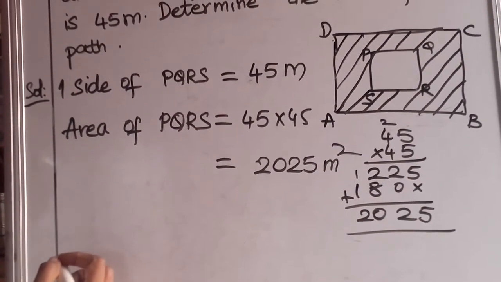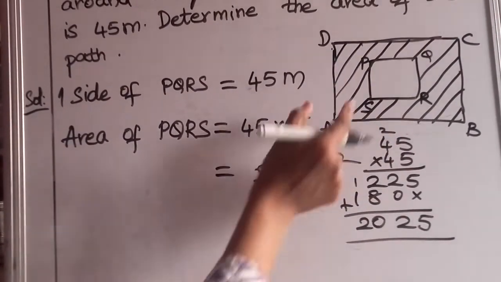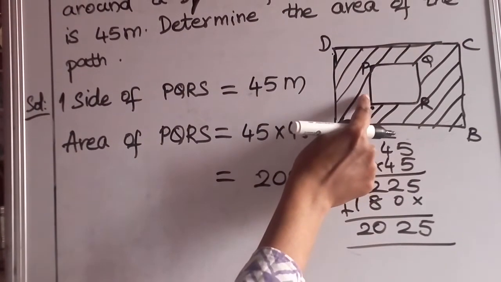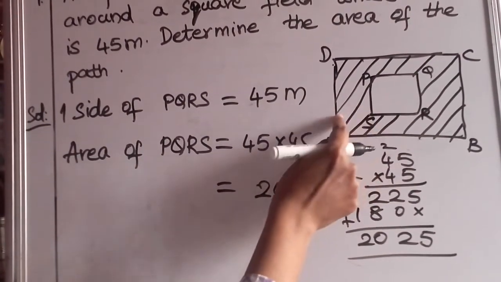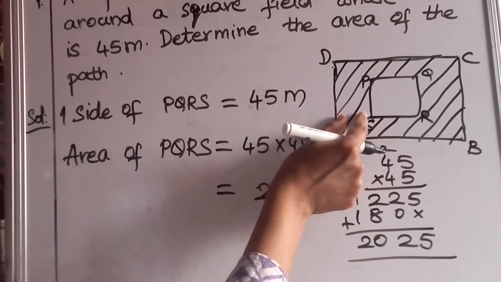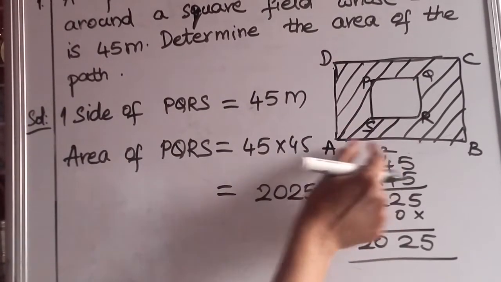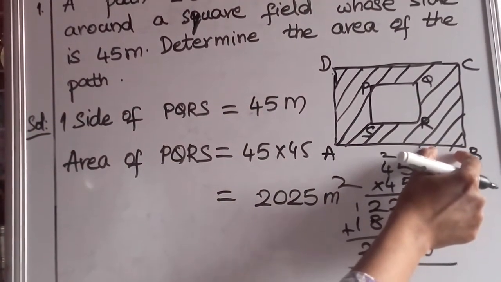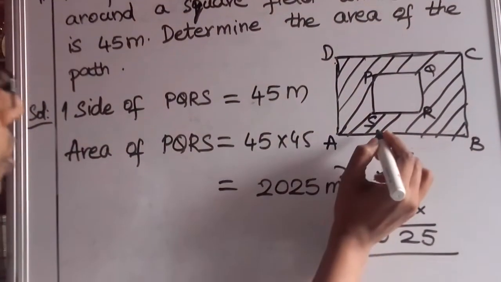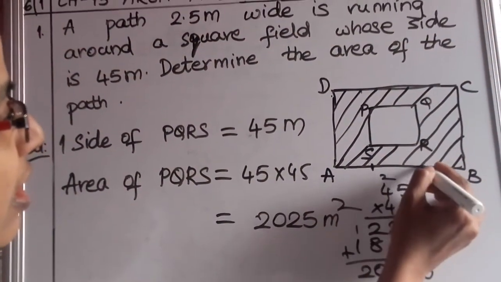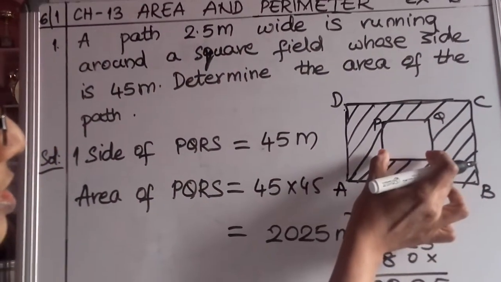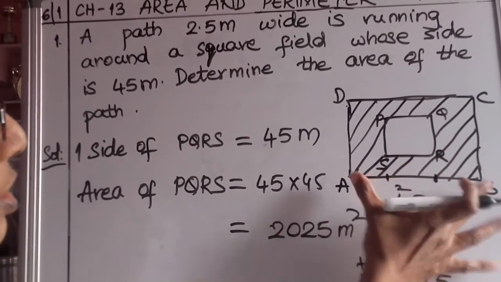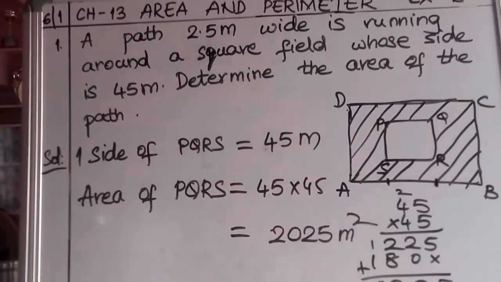How to find out the external area? Here you can see that on each side it is 2.5 meters. This side 2.5 meters is added, and this side also 2.5 meters is added. For you to understand, I am just marking here. This is a smaller square, but this is increased by 2.5 here and 2.5 here.